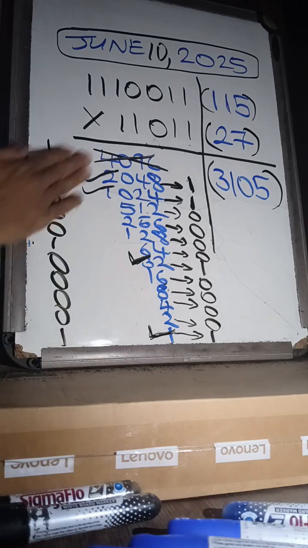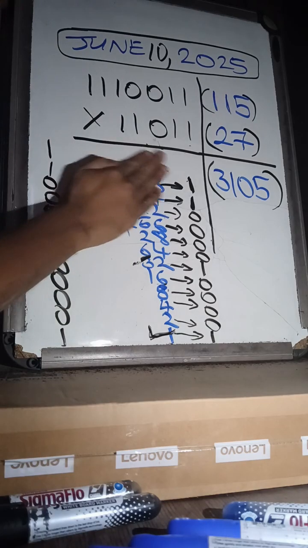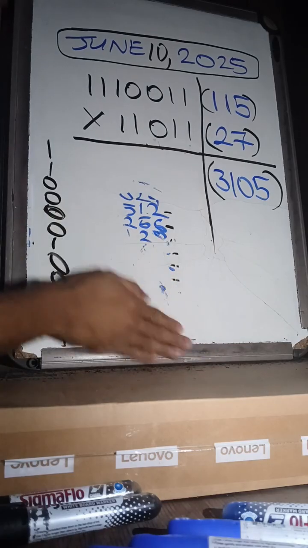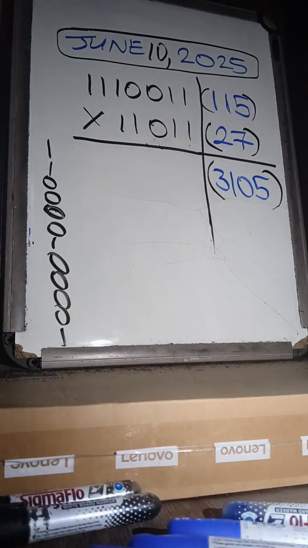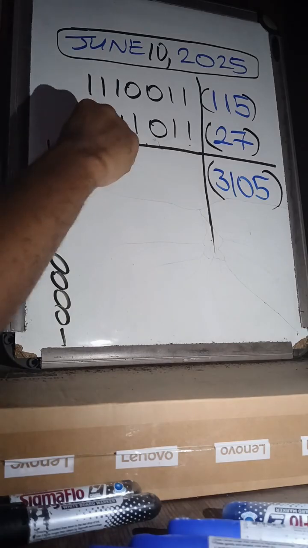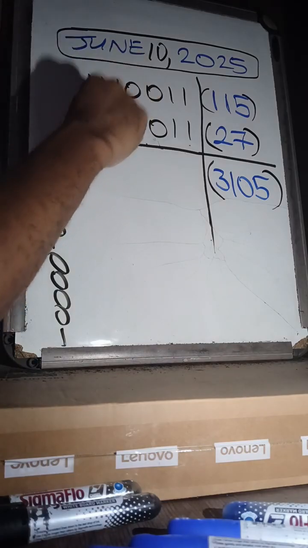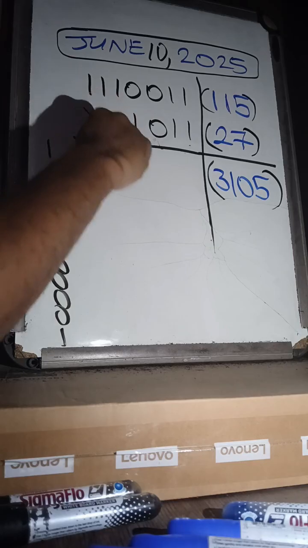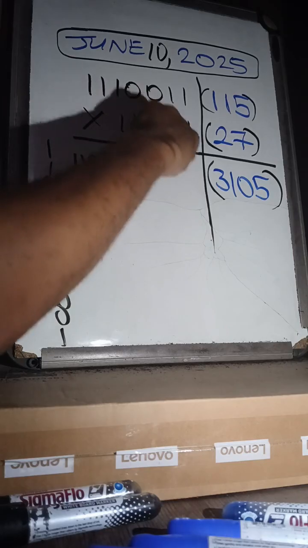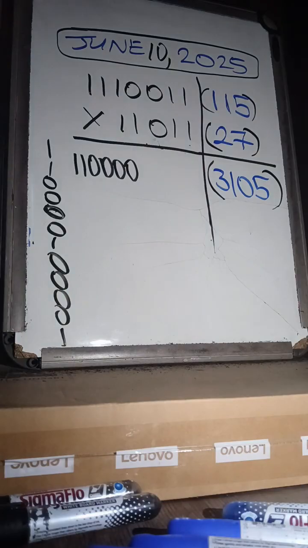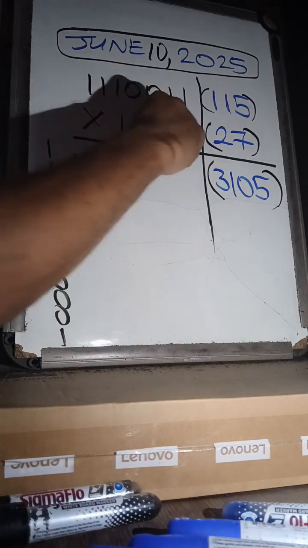Right? So let me do that. So 1 1 followed by 1, 4 zeros and a 1.